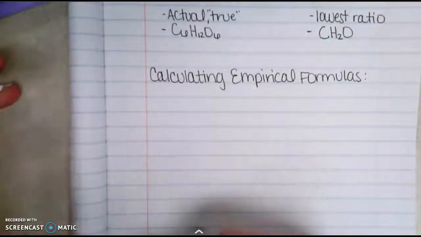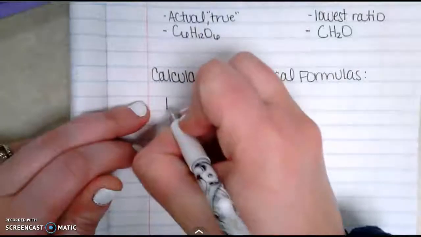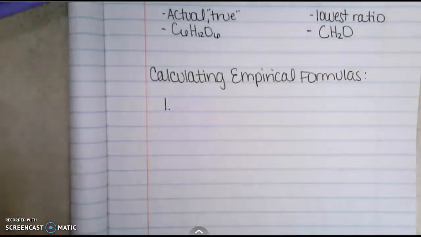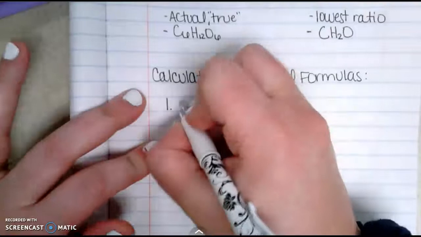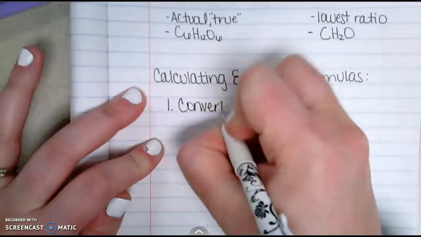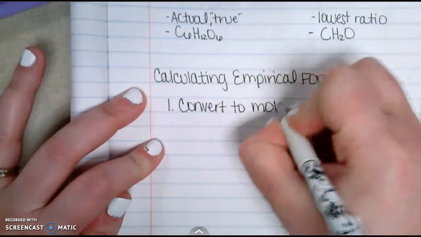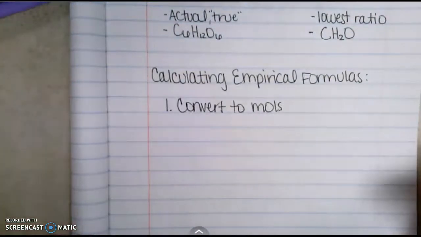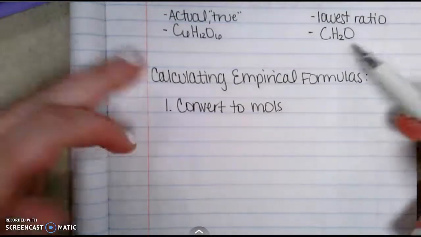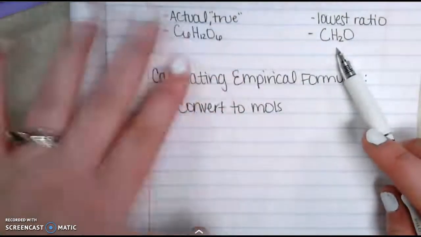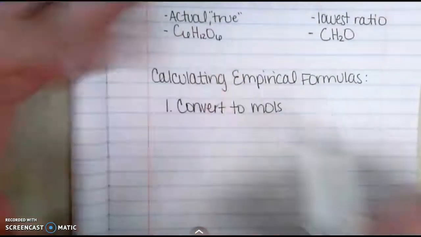So just for the sake of listing things, the first step when given an empirical formula problem is you are always going to convert what you are given to moles. That's because you can't compare grams to grams without doing some big long T-charts.